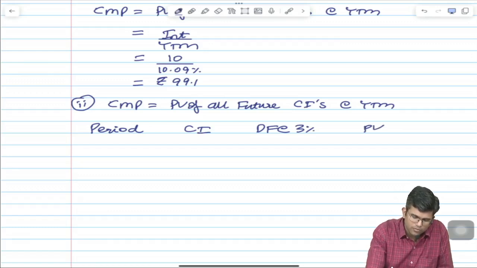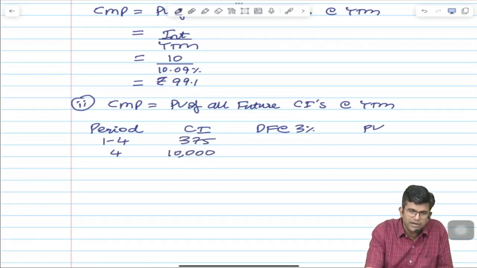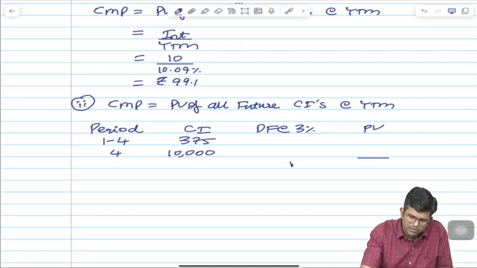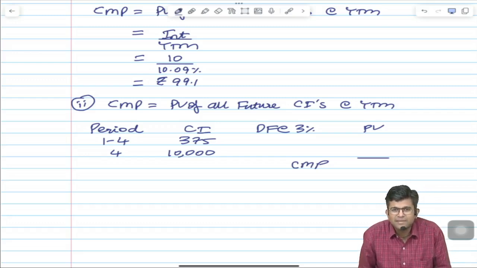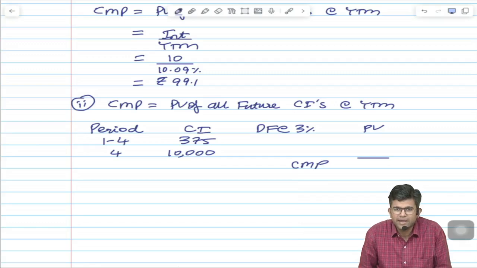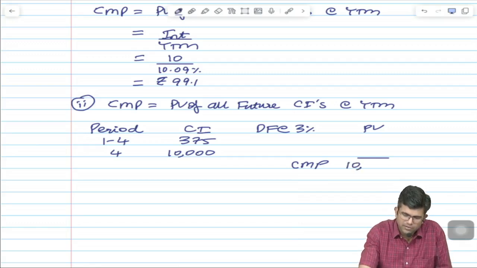Present value. 4 periods, for each of the 4 periods you'll get 375 and you'll get 10,000 at the end. Discounting factor and all if you do, you will get the current market price. How much? What is the answer? 10,278, somewhere around this number, please.